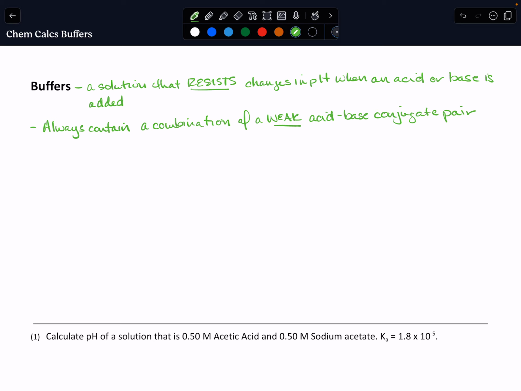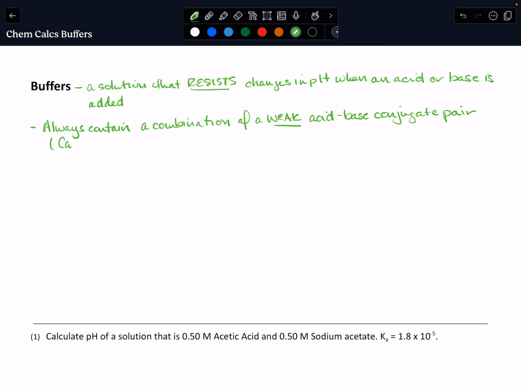You could use nitrite and nitrous acid. You could use any acid or base combo that does not appear on our strong acid or strong base list. Strong acids and strong bases do not buffer, they just react. All right, so there's no buffering there. You can't have both the acid and the conjugate base present, or both the base and the conjugate acid present, because they will not undergo equilibrium between the two. All right, so we need to be aware that we need that weak acid conjugate pair.